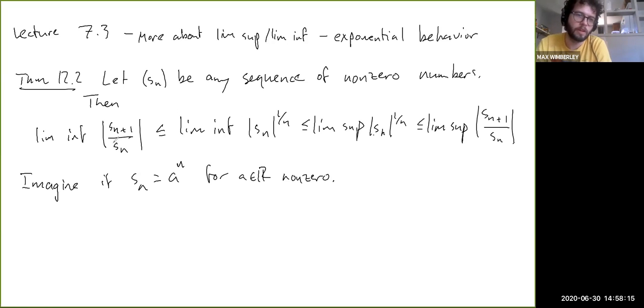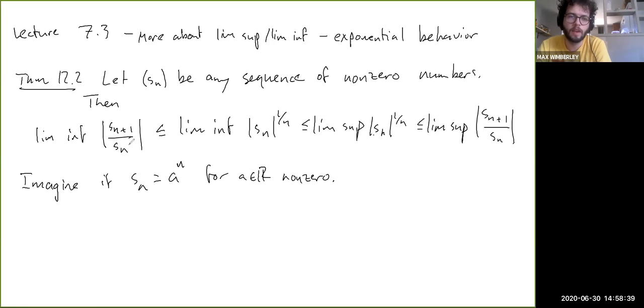Or if you had something like Sn equals n squared, then you'd have n+1 squared over n squared, and this would approach 1, and this would approach 1, right? That would be saying that there's no real detectable exponential behavior in a function like n squared. So these are commonly used to detect exponential behavior in a sequence.